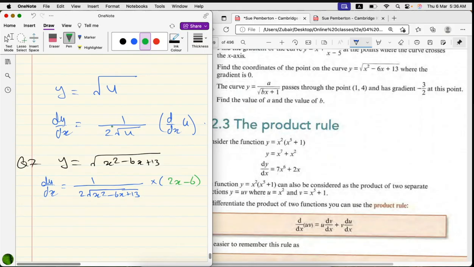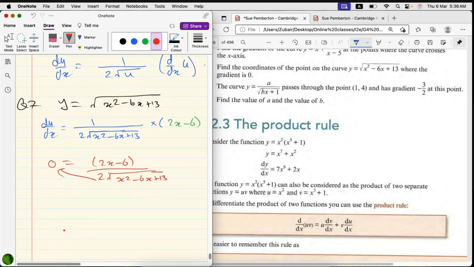And then it says where the gradient is 0. So we substitute 0 equals 2x minus 6 over 2 square root x square minus 6x plus 13. And we're left with 2x minus 6 equals 0, 2x equals 6, x equals 3.